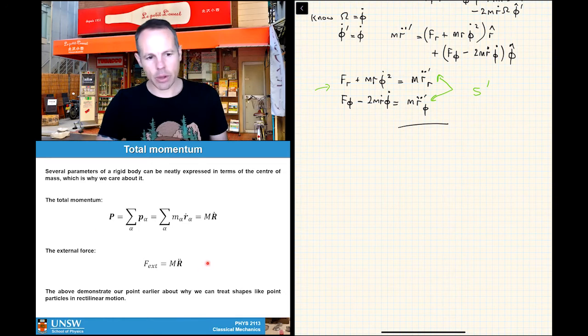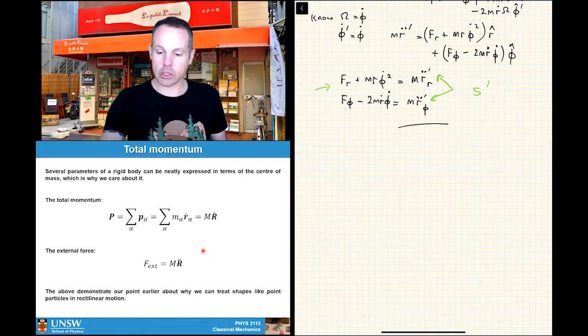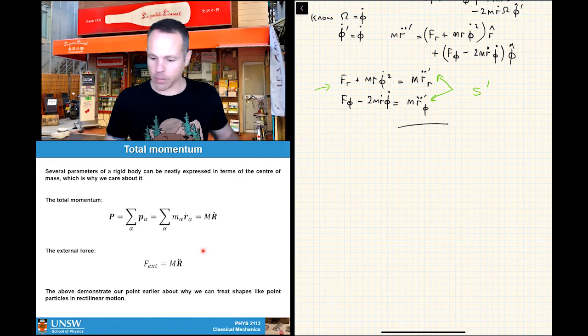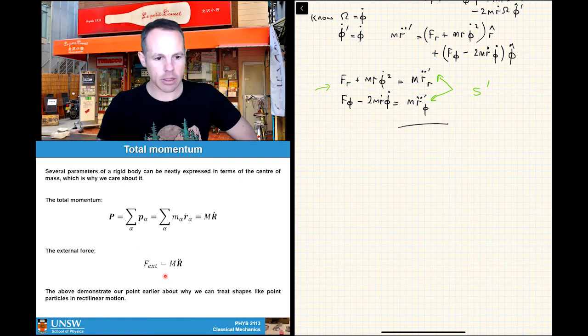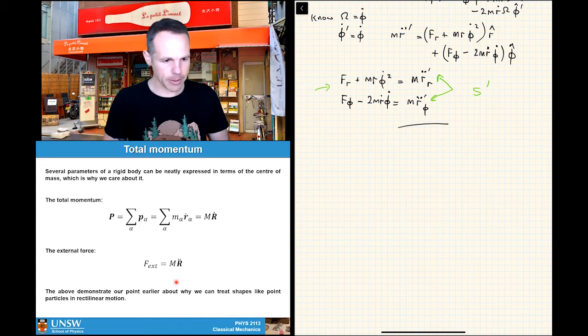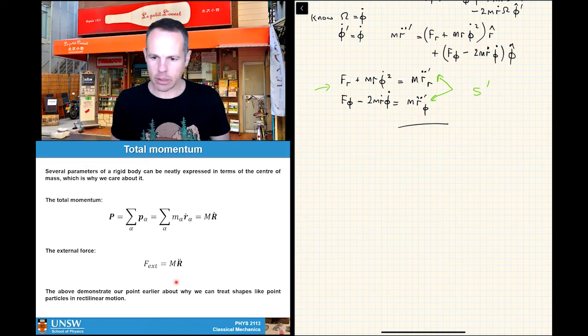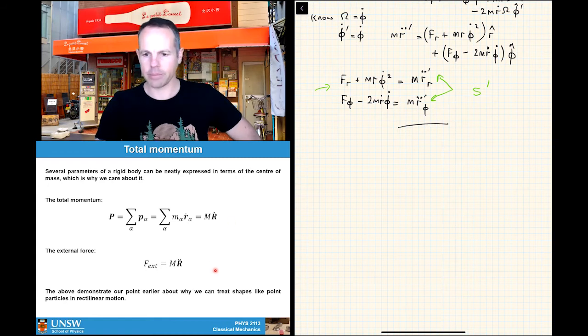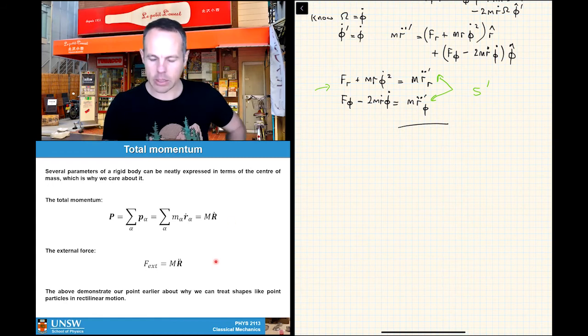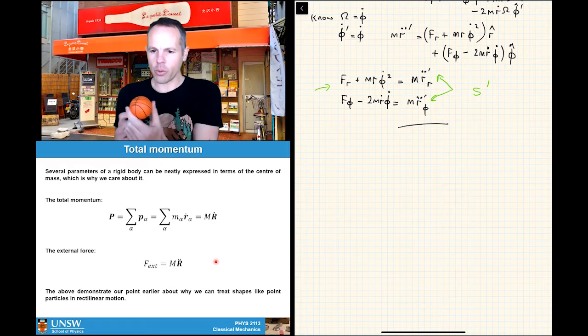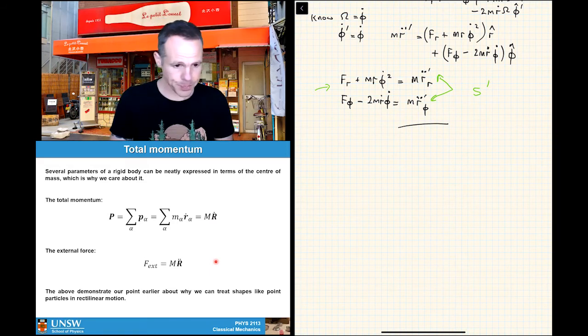And of course, then we can take the external force as just the time derivative of our momentum, and so we get a really simple expression like this: F external is equal to big M R double dot. Okay? And this kind of highlights the point why we don't really care much about shape when we deal with linear motion. Okay, you'll notice in here that the shape doesn't necessarily enormously come into it. All we need to know is the total mass and what's happening to the center of mass for that object.